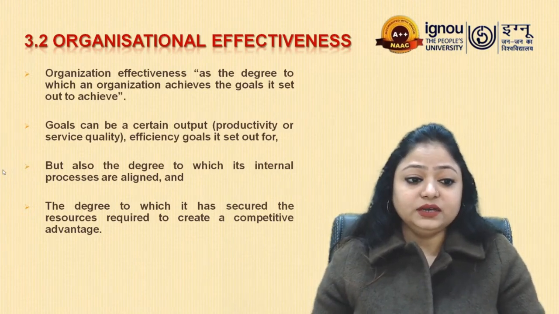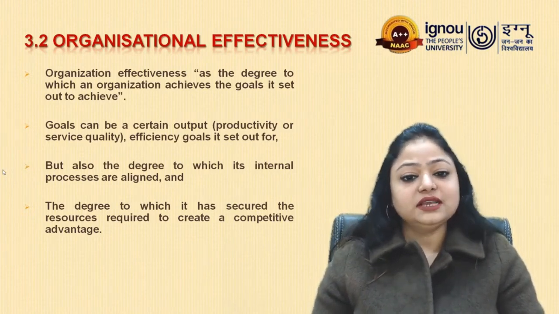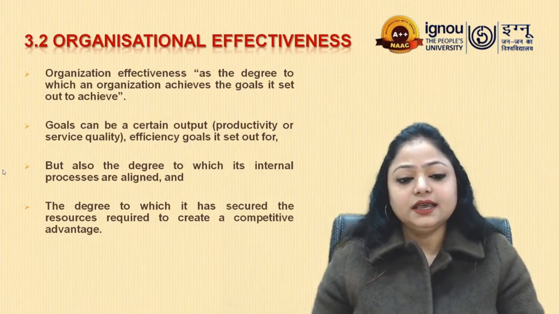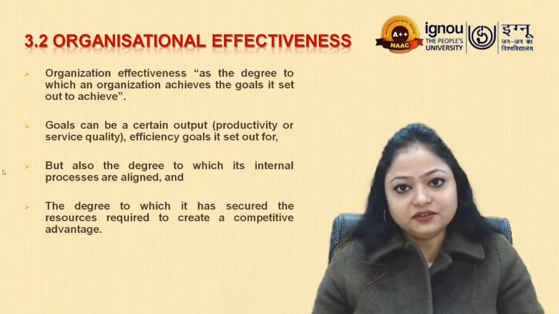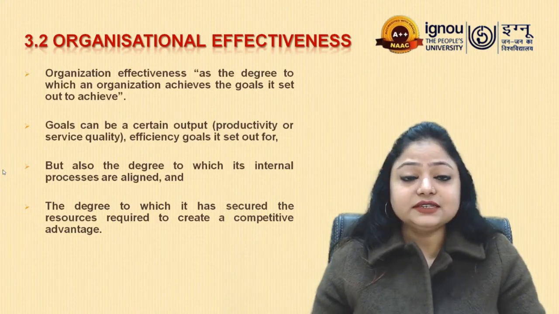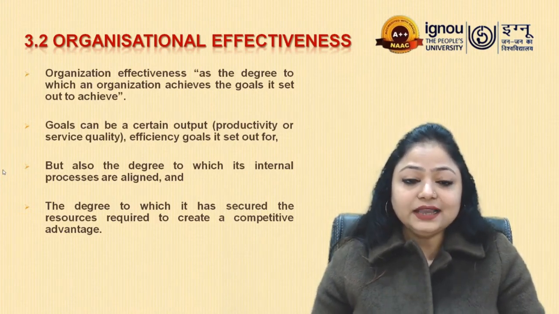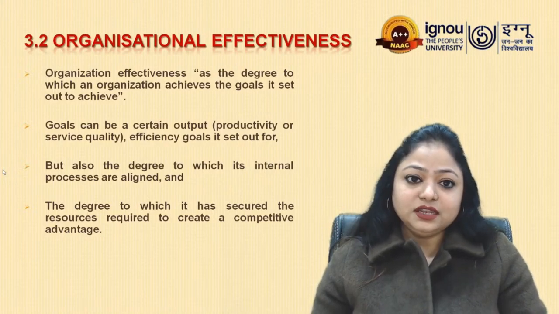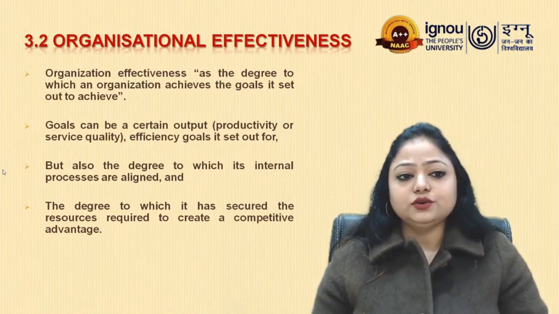And looking forward, it can be the degree to which it has secured the resources required to create a competitive advantage in the market. So organizational effectiveness is not limited to the degree to which the organization achieves its goal only.